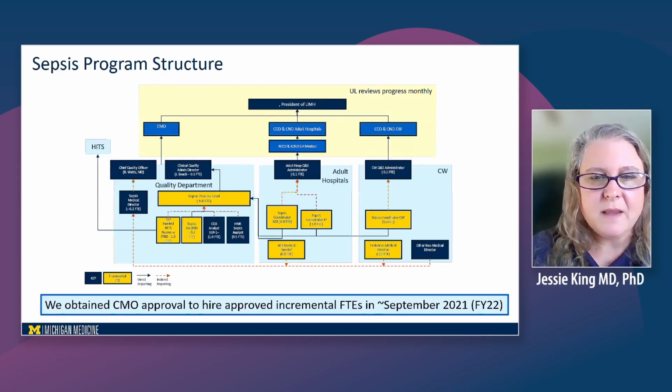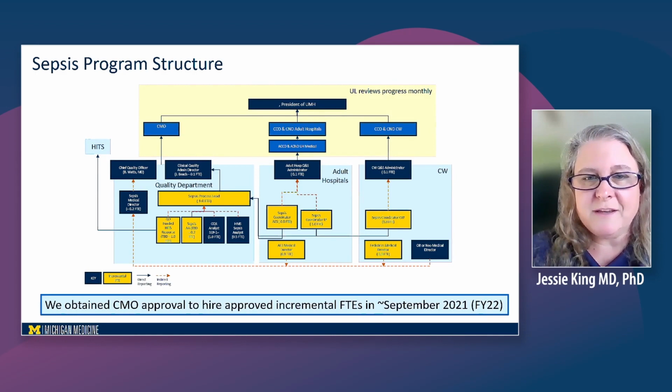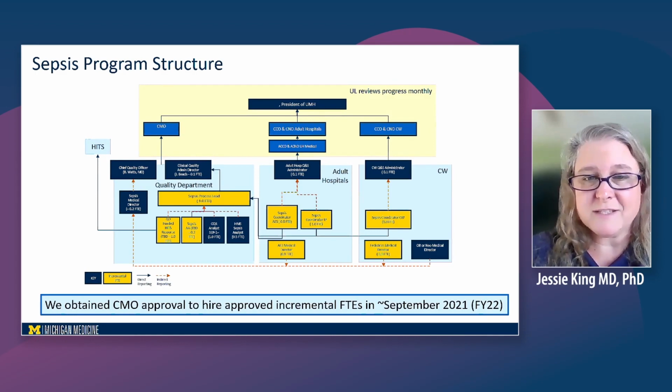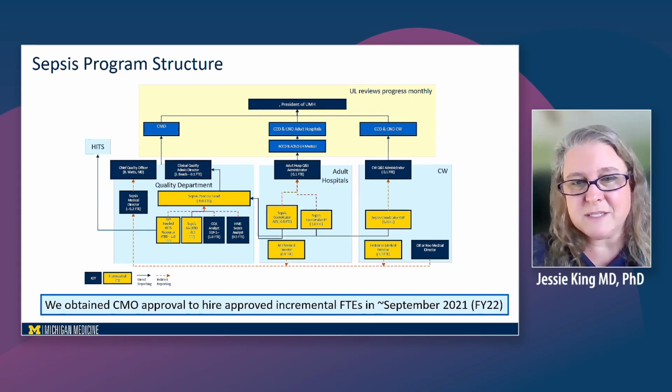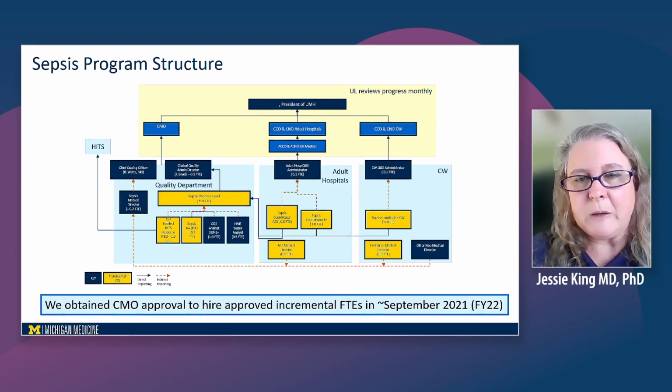Next slide. And where do these people sit? So unfortunately, with an institution as large as University of Michigan and physical separate buildings and separate hospitals, we think about, we are a team that exists across the institution, where these building walls do not form real barriers.